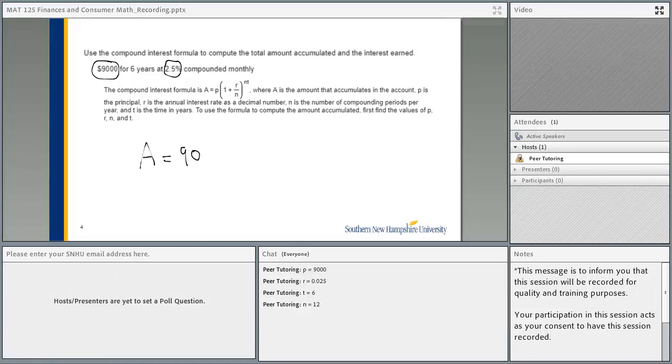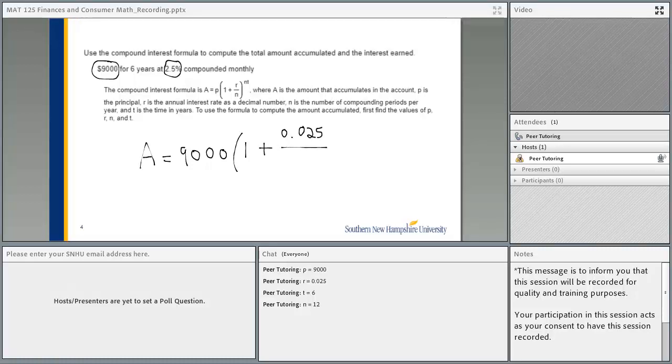So we've got 9,000 times the quantity 1 plus our rate, 0.025.